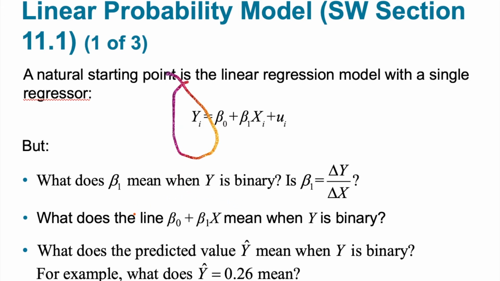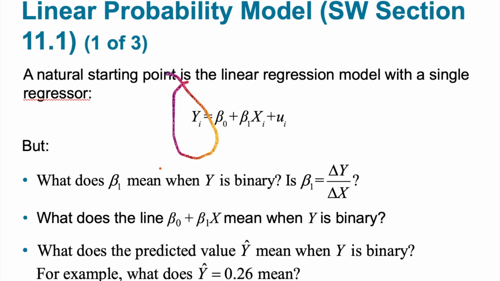And we have to think about what this means when y is binary. We also have to think about what the line beta naught plus beta 1 times x means when y is binary. For example, what does the predicted value y hat mean when y is binary? These are important questions that are a little bit different when we're working with the linear probability model and when y is binary. So let's try to answer these questions.